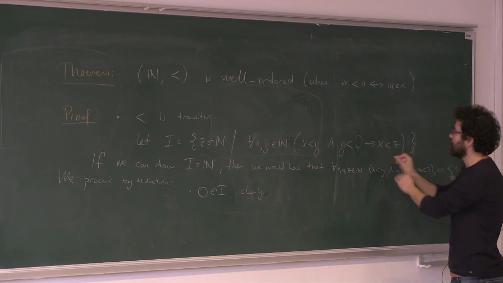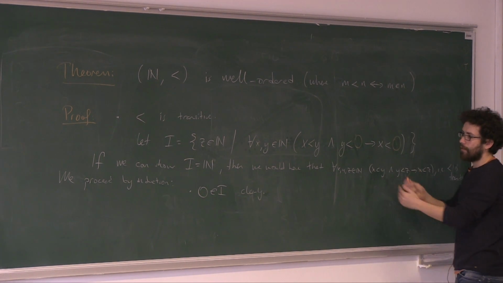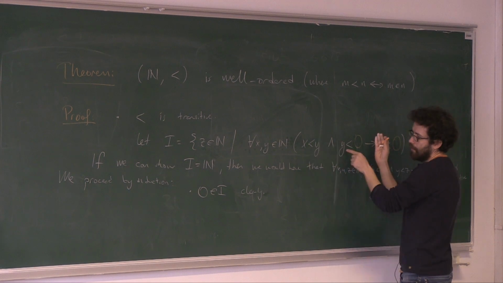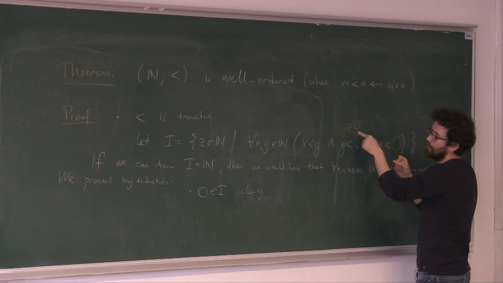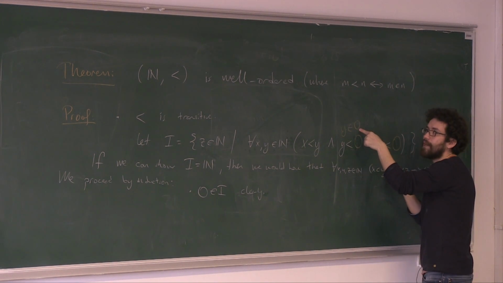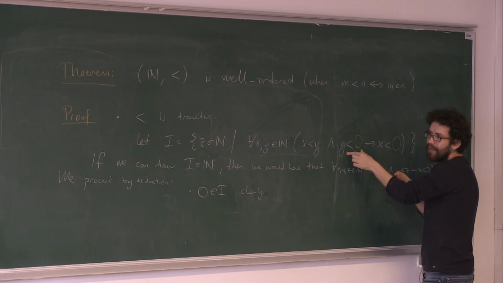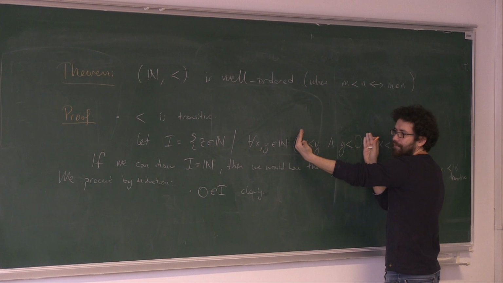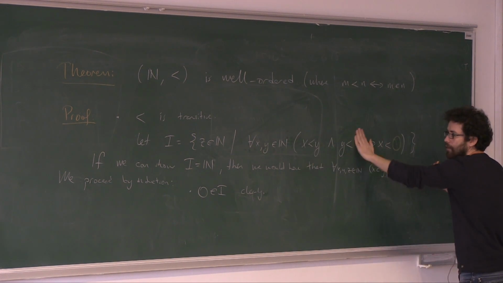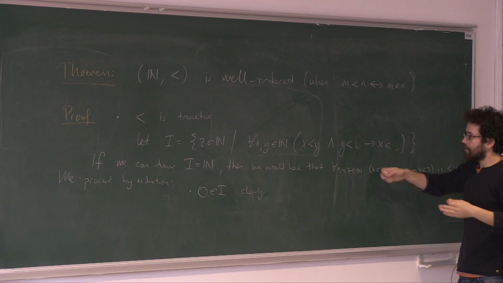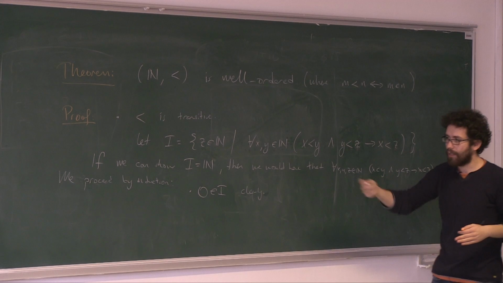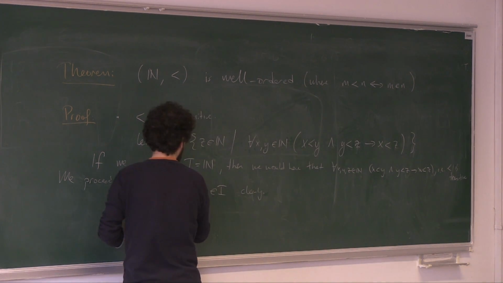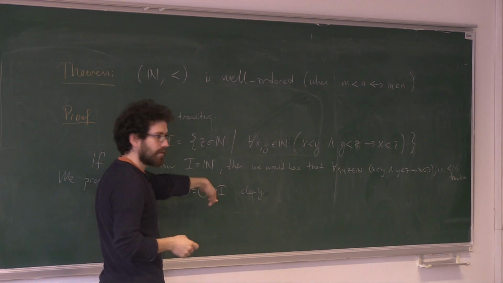If you plug in 0 here, then this if-then statement is true, because y strictly less than 0 is the same thing as y is a member of 0. 0 is the empty set. There is no y which is a member of the empty set. So this is automatically false. When the premise of an if-then statement is false, the statement is true. So this becomes vacuously true for z equals the empty set, okay? So this is automatically true.